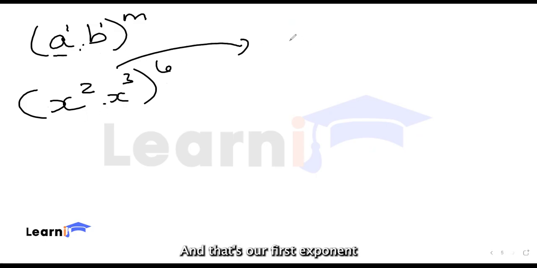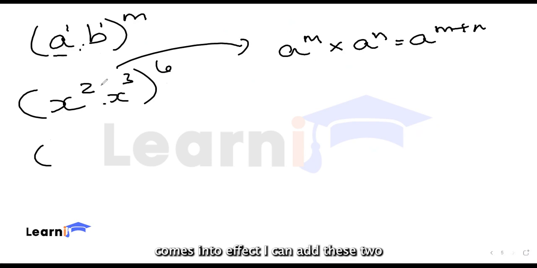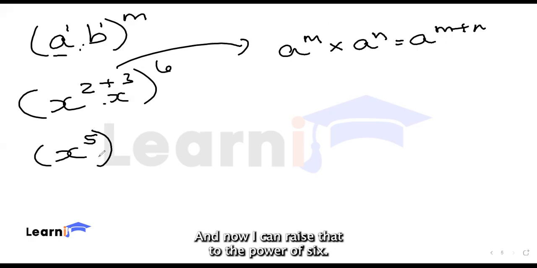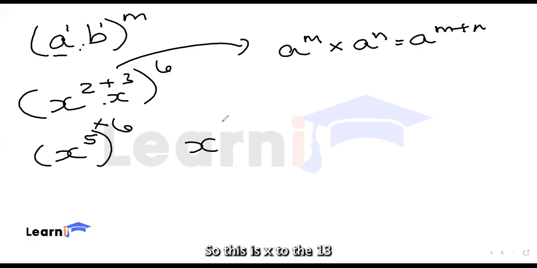And thus, our first exponent law comes into effect, and I can add these two exponents. So this becomes x to the 2 plus 3, which is 5. And now I can raise that to the power of 6. And remember, I multiply these two out. So this is x to the 30.